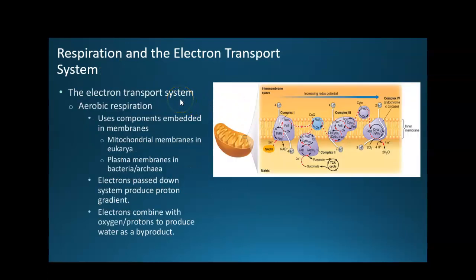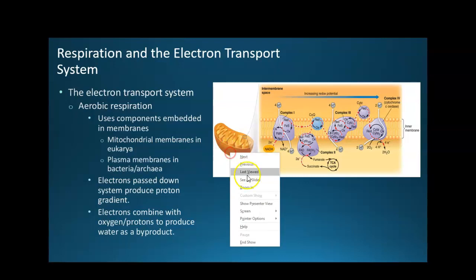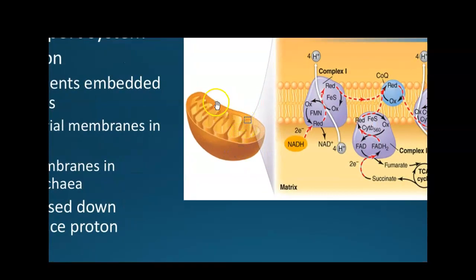Aerobic respiration, regardless of where it takes place, needs a membrane. So let's think about this for a moment. Aerobic respiration is accomplished by both eukaryotic and prokaryotic cells. When we look at eukaryotic cells, they're going to utilize their mitochondria. The mitochondria are able to accomplish aerobic respiration.